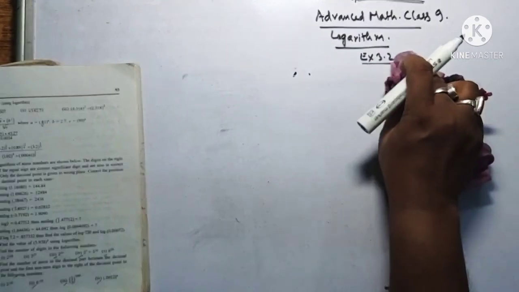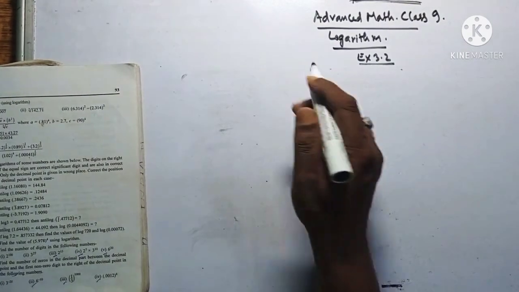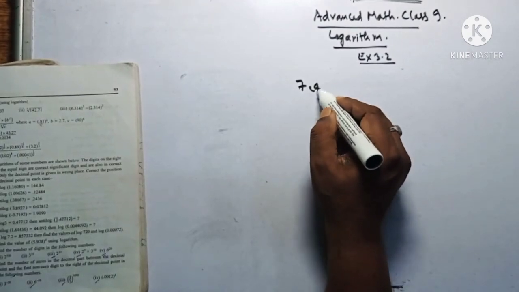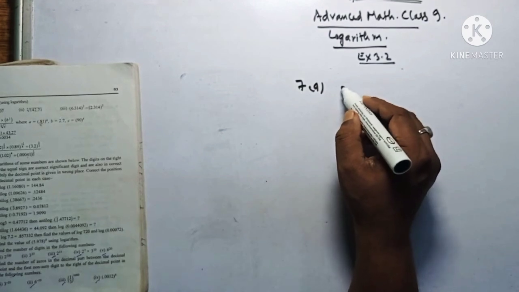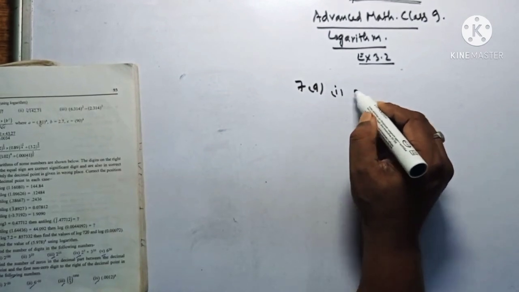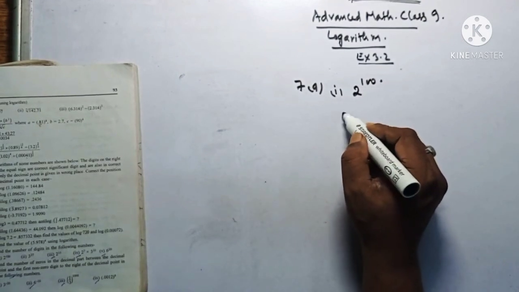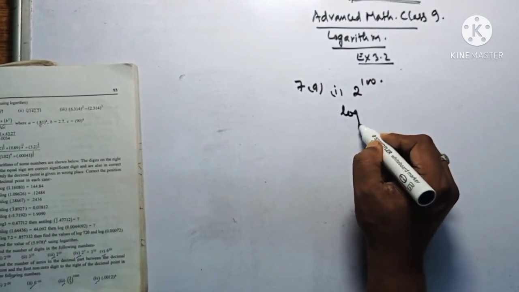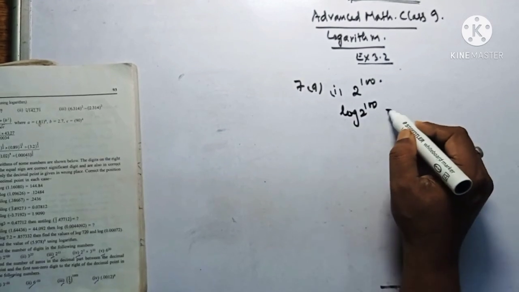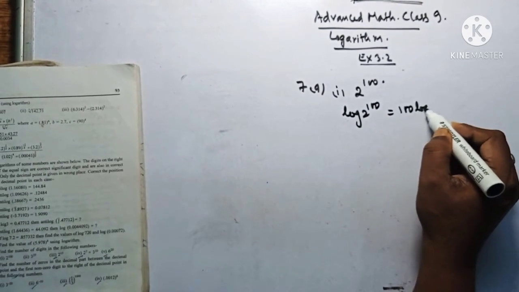See question number 7, that is A. Find the number of digits. You have to find the number of digits of 2 to the power of 100. So what we are going to do is take log of 2 to the power of 100. This will be equal to 100 log 2.